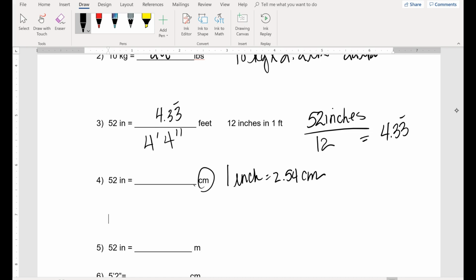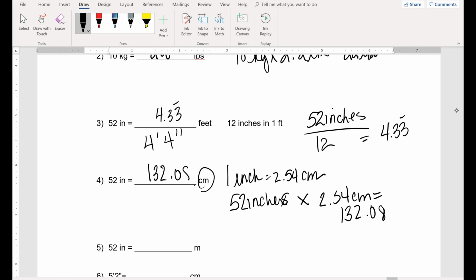So we have 52 inches times 2.54 cm. You get 132.08 centimeters. Okay, makes sense how we got there?